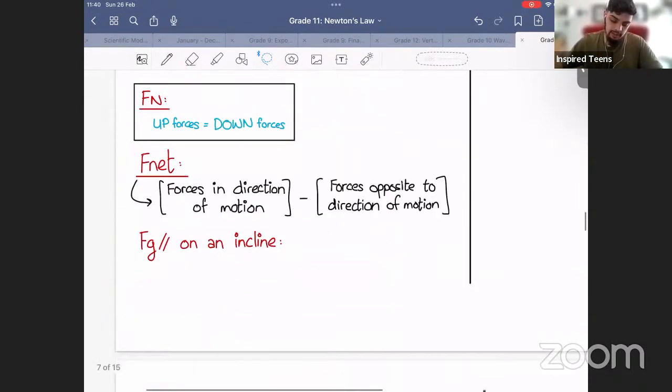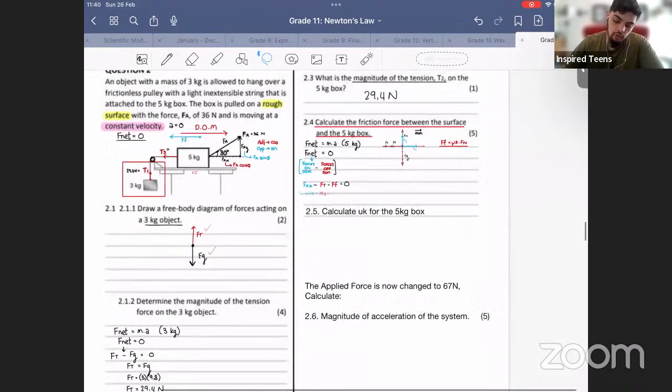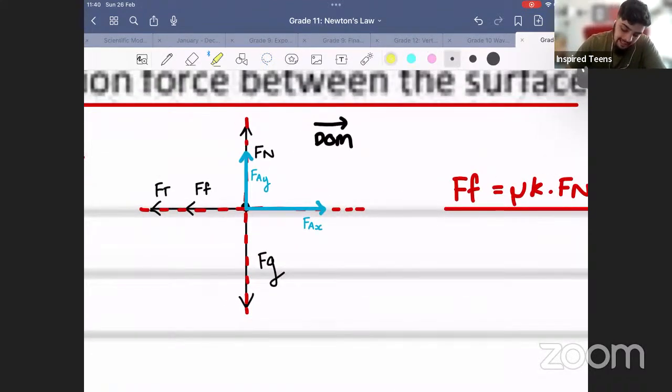Okay, so let's do that in the specific question, right? Remember, I created this free body diagram, and I separated everything into the components that it needed to be separated in. So I have all my up and down forces because I don't have any diagonal forces.